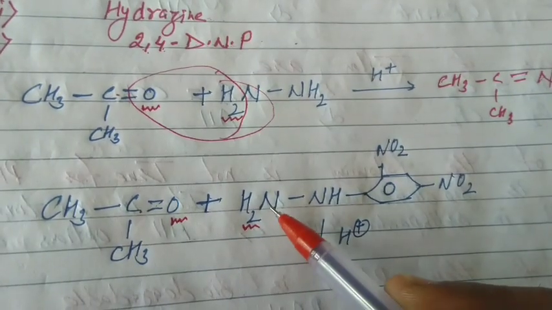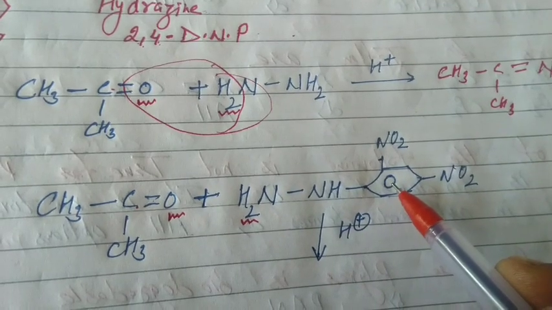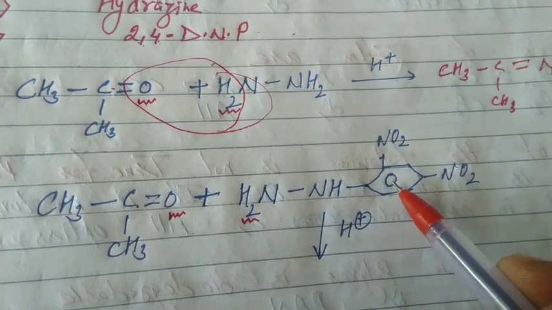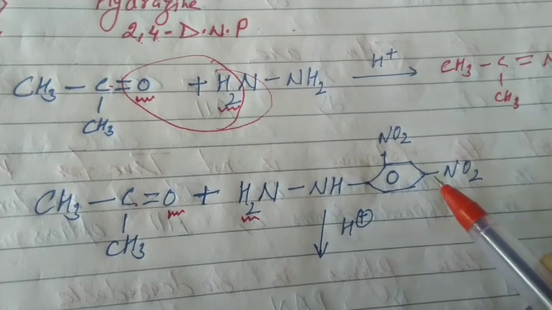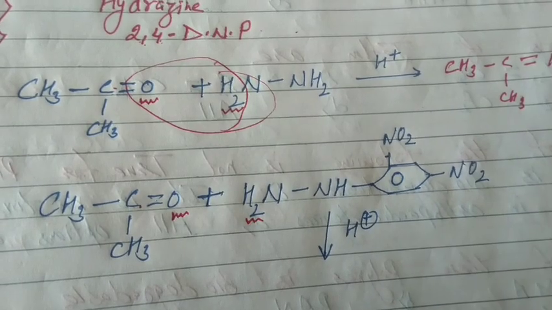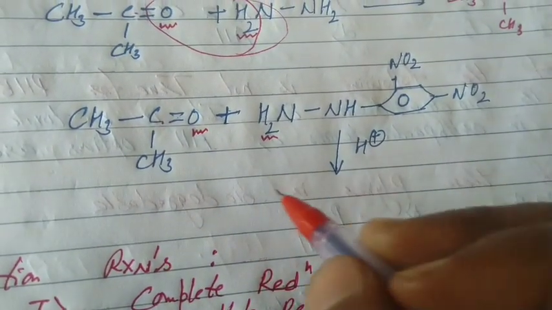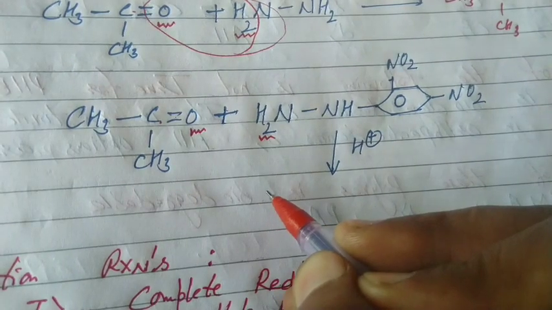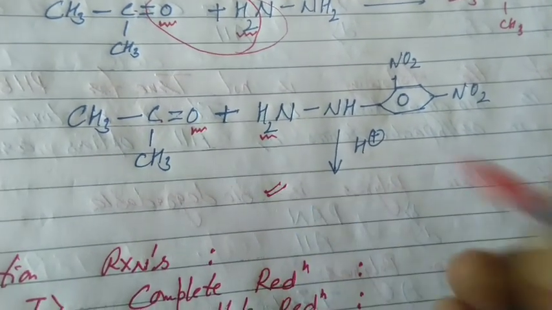At first approach hydrazine NH2NH2, then replace one H with a phenyl group, it is phenylhydrazine. Second and fourth positions are occupied by NO2 groups. We call it 2,4-dinitrophenylhydrazine. You can easily complete it. That's an assignment for you, students. Complete it. I'm sure you can do it.